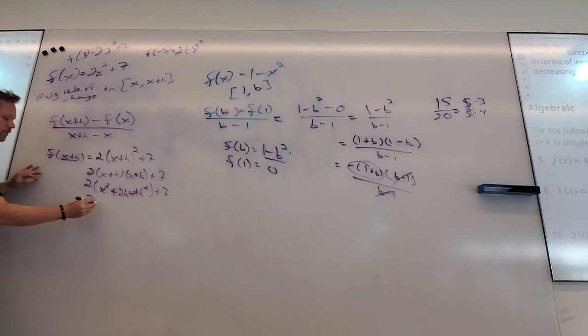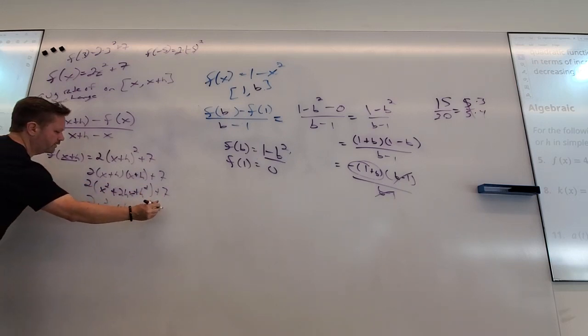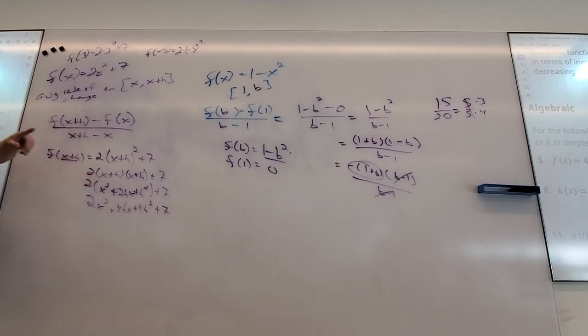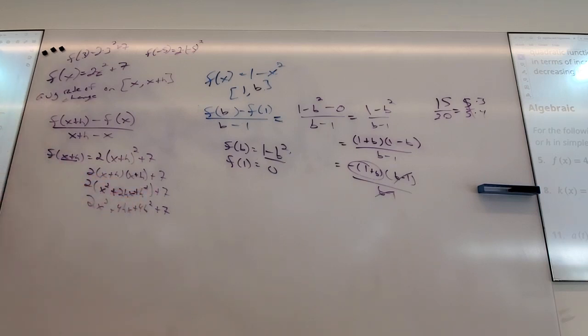So then I get 2x squared plus 4hx plus 2h squared plus 7. Because I distributed the 2. Why didn't I do 2 times 7? Because 7's not in there, right? 7's not being doubled.